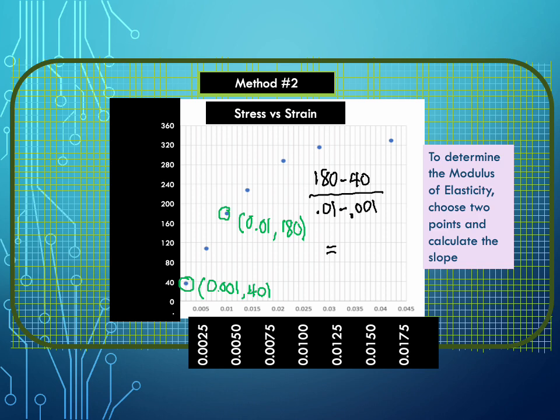And that gives me 15,555. I guess if we're only using two significant figures, we call it 16,000 megapascal, or 16 gigapascal.